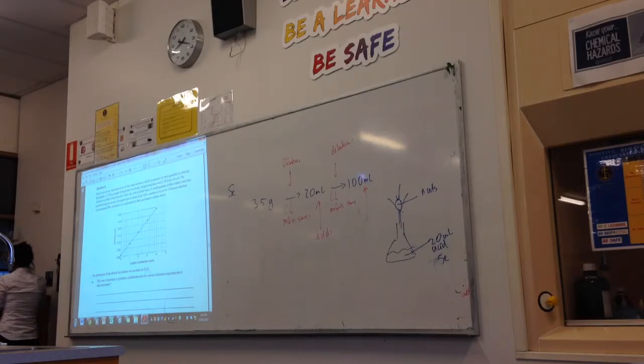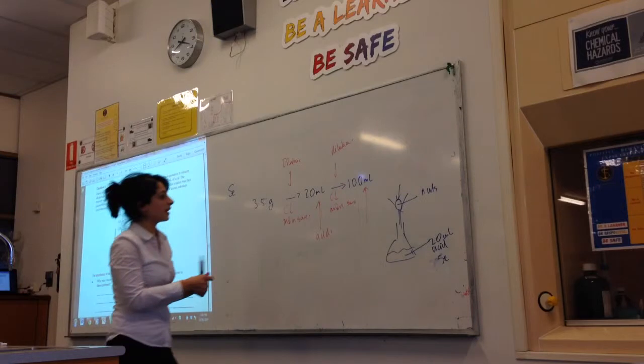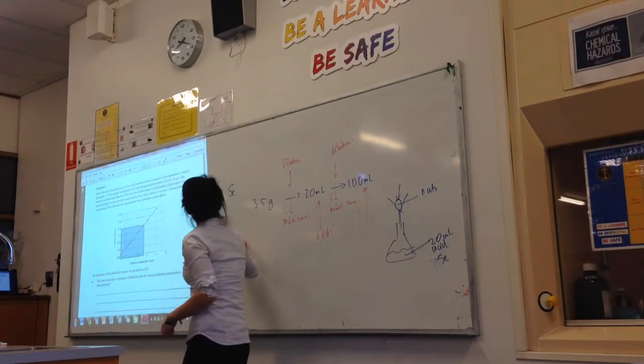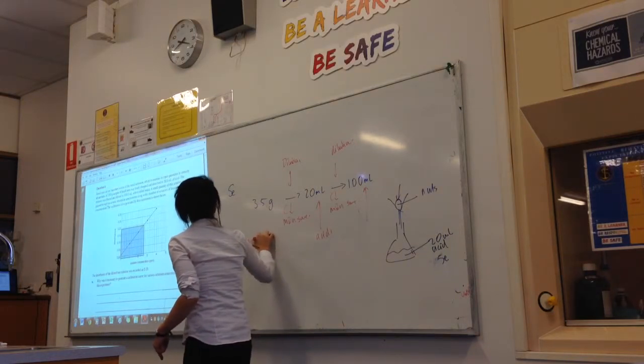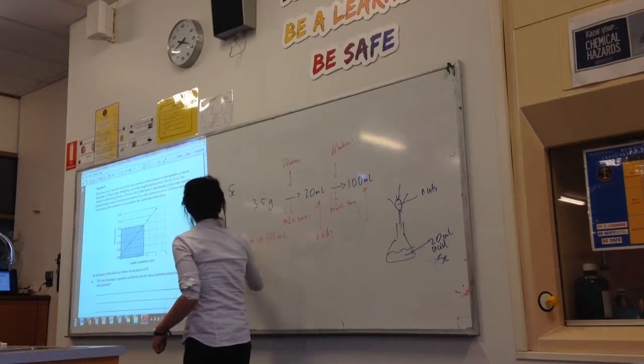So, 0.19 is over here, and that's 2.6 ppm in the 100 millilitres.